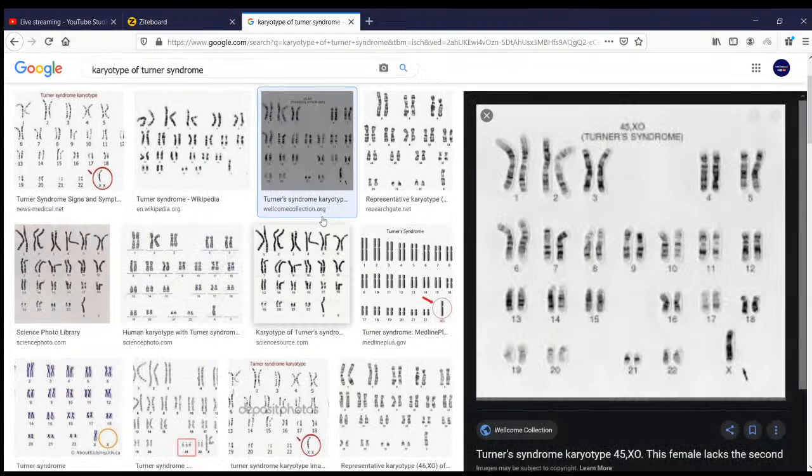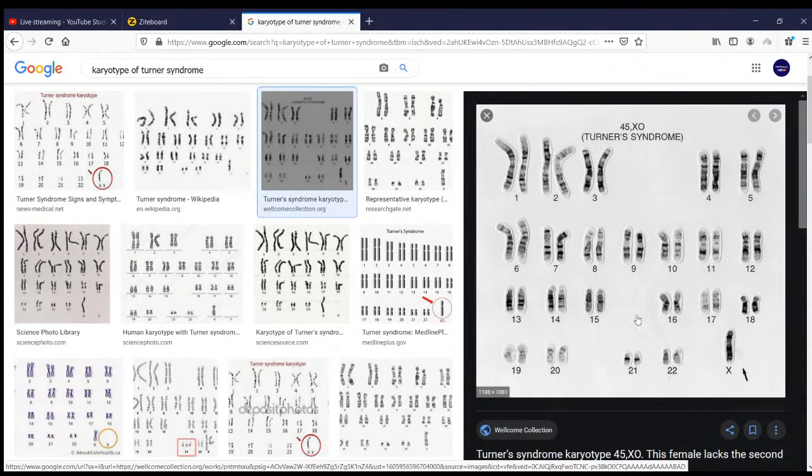You can see here there is no Y or no X, X naught, X0. No companion for the X chromosome, that is Turner syndrome. Look very closely here. That is Turner's syndrome for you. Then you have Klinefelter.